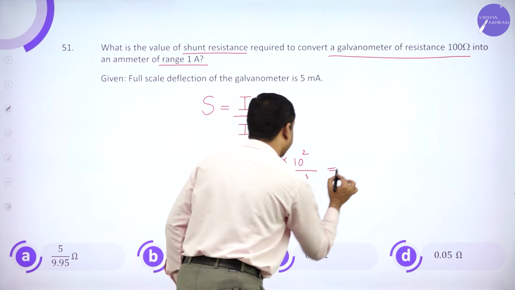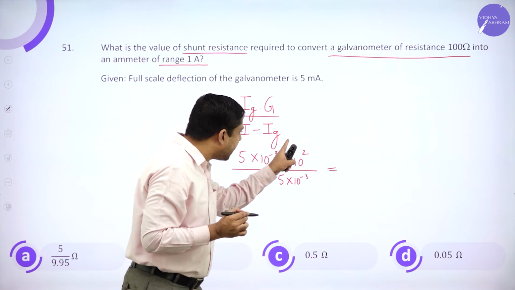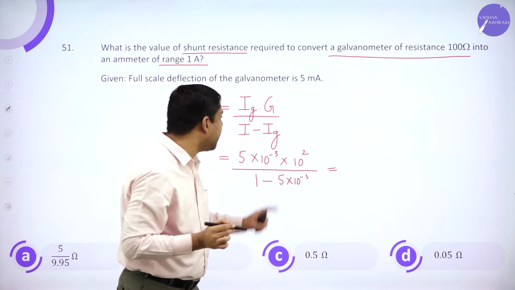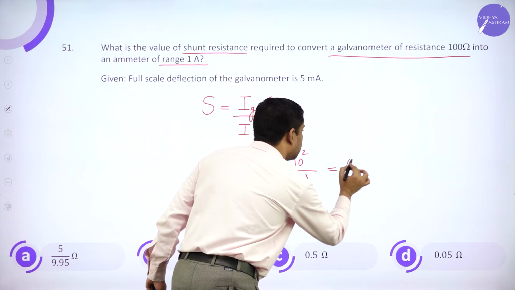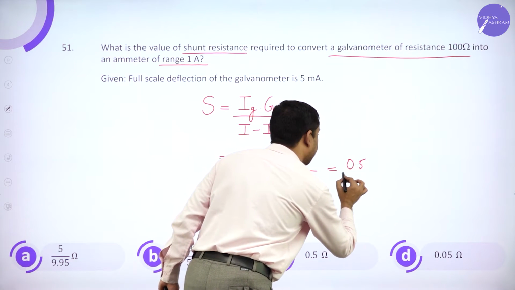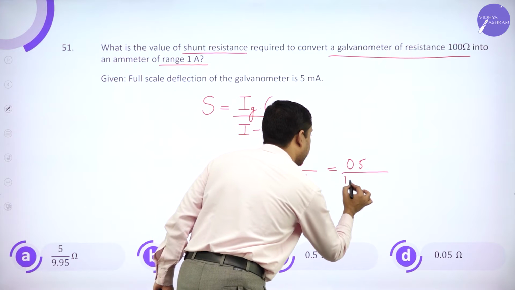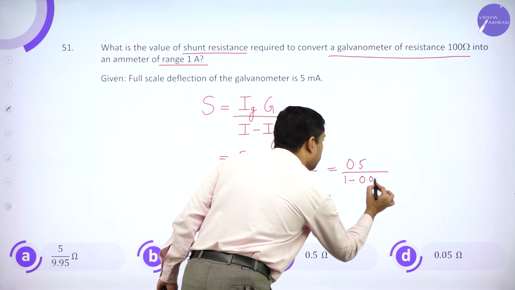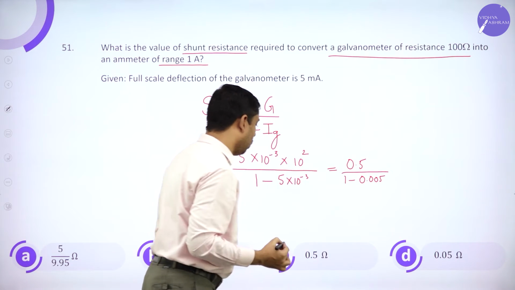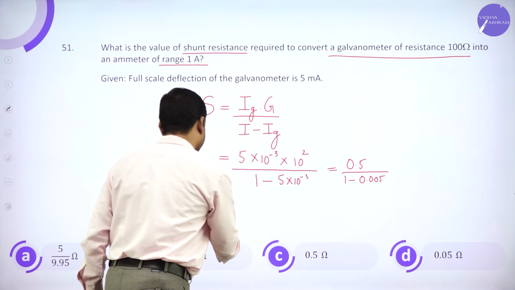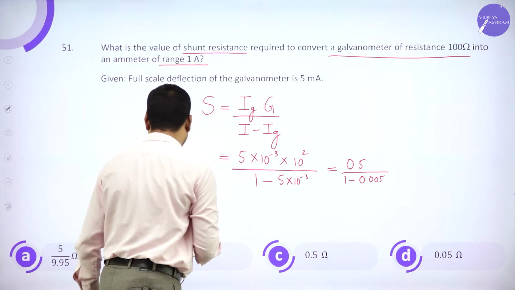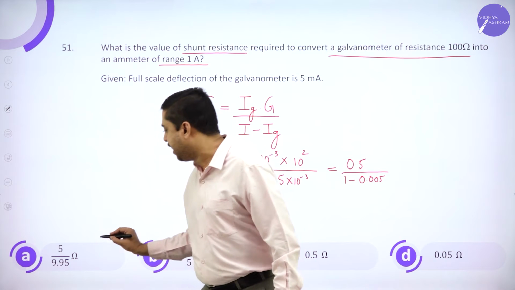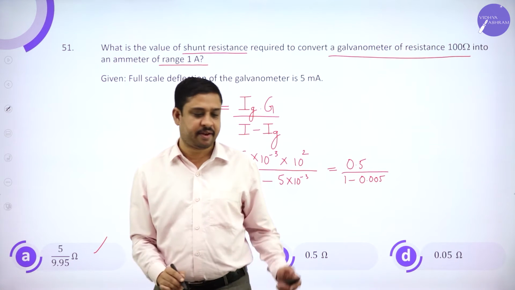So simplify. Minus 3 plus 2 is minus 1. So this is 0.5, divided by 1 minus 0.005. So if you observe, the option has to be the first one.